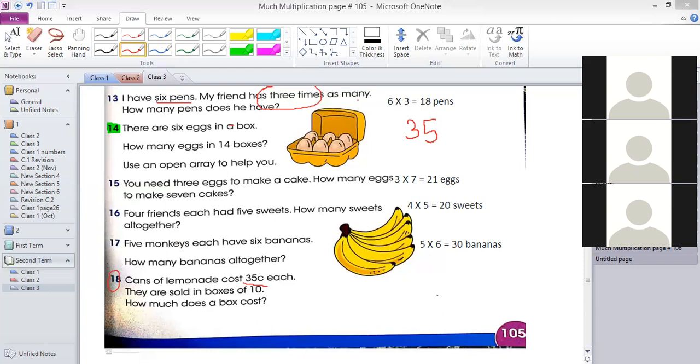Yes, Mantar, please tell me, what will be the cost of 10 cans or one box? A can of lemonade costs 35 cents. One can costs 35 cents. And there are 10 cans in one box. So what will be the cost of one box?